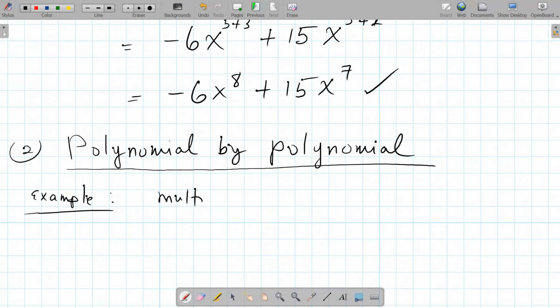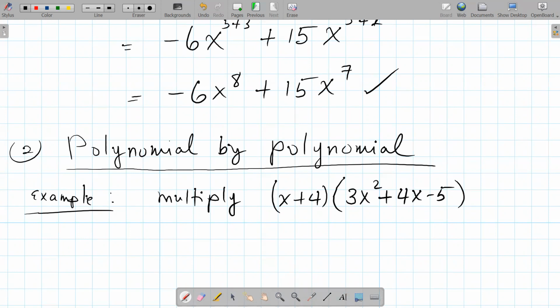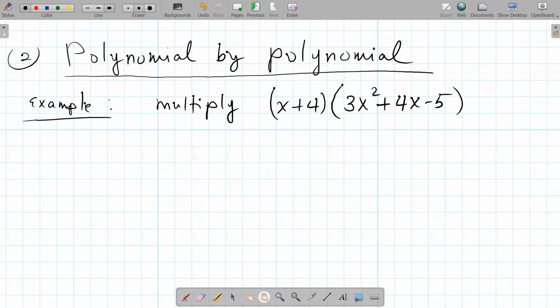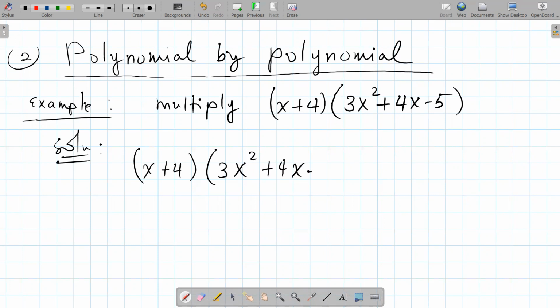Multiply x plus 4 times 3x² plus 4x minus 5.